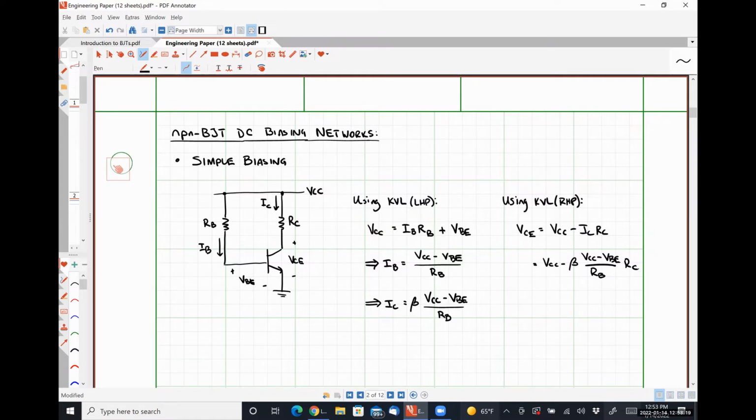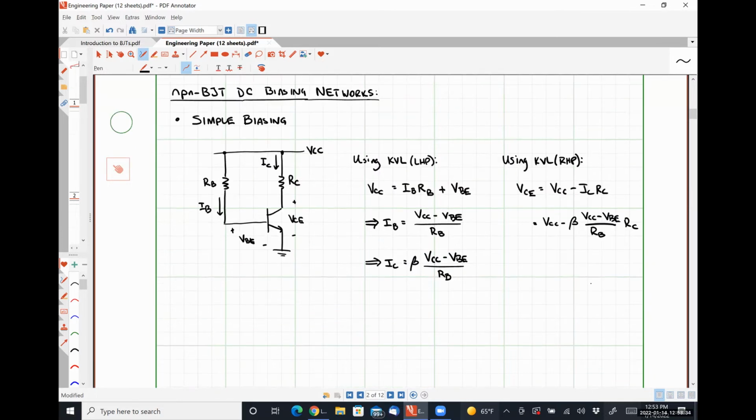One other brief relationship that I want to introduce here is in order to maintain operation in the forward active region. So it should be obvious.